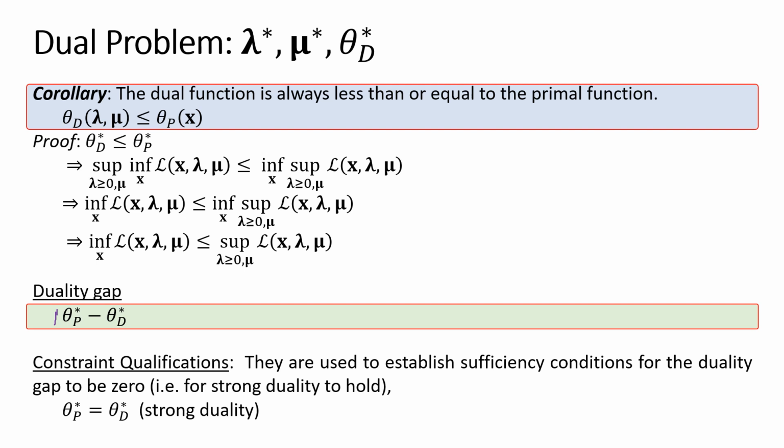Constraint qualifications are used to establish sufficiency conditions for the duality gap to be 0, i.e. for strong duality to hold. So this is the duality gap, and theta p star is always greater than or equal to theta d star. But when the two are equal, the duality gap becomes 0, and that's when theta p star equals theta d star. This is strong duality.